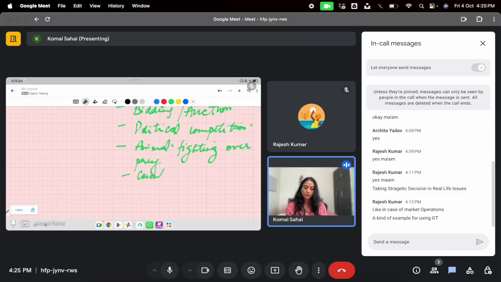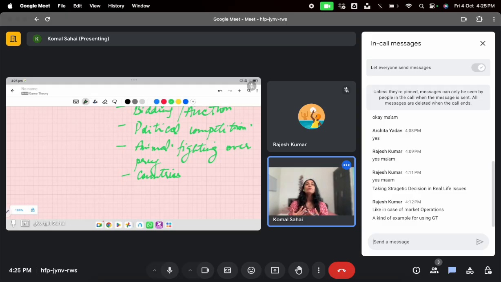Then again, if you are interested in reading newspapers, which is obviously highly encouraged, you will see that India is trying to enter into a lot of trade agreements with different countries, and a lot of these decisions are highly strategic, right?